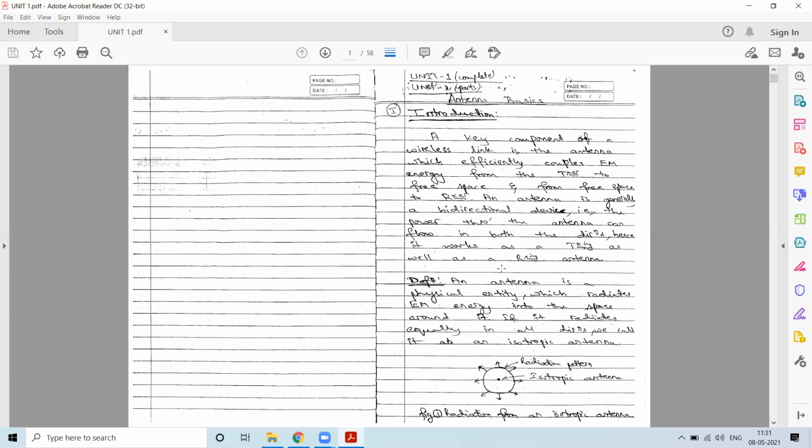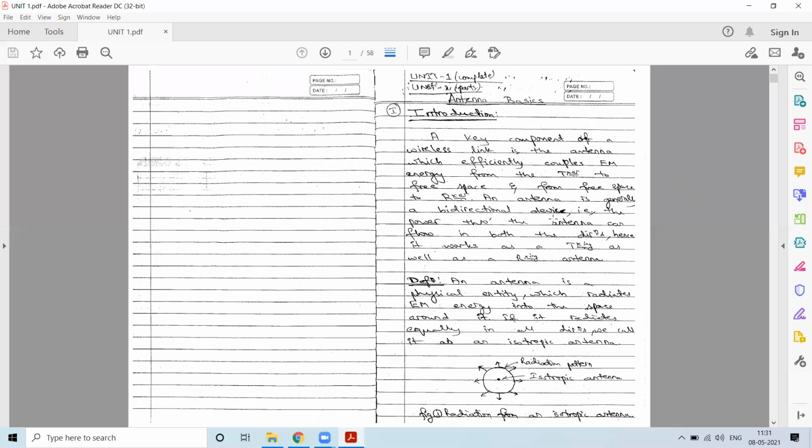So this is a layman's point of view as to what we call an antenna. But when we want to define it in a particular way, an antenna is a physical entity which radiates electromagnetic wave or electromagnetic energy into the space which is surrounding that antenna.